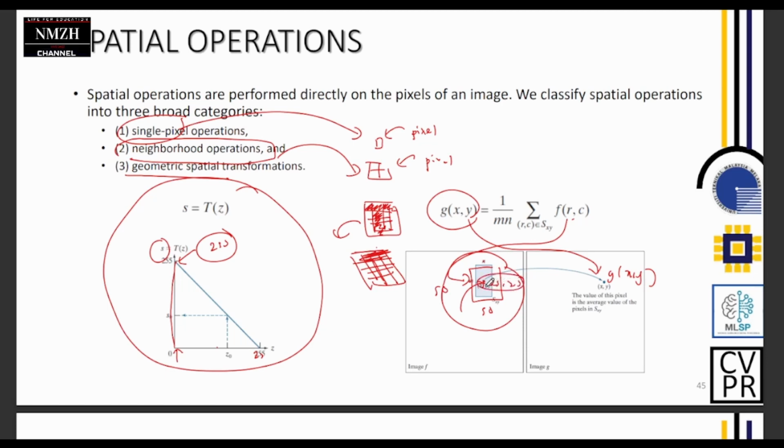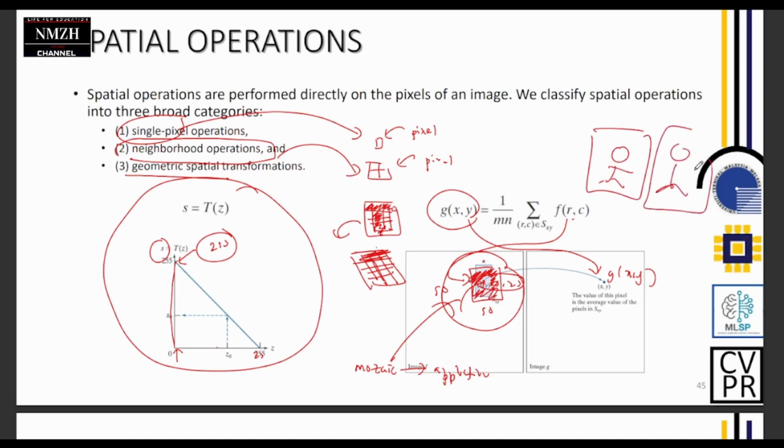So the averaging of all the pixels centered at 25, 25 happens everywhere. It is mostly used in mosaic applications. You can see that, let's say this is a human, and we set 25, 25, and this image will be blurred because of the averaging of the pixels, right?